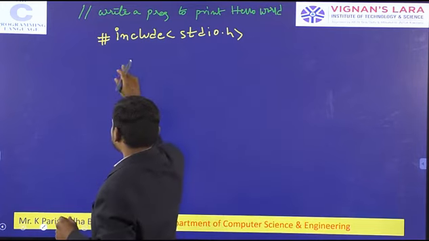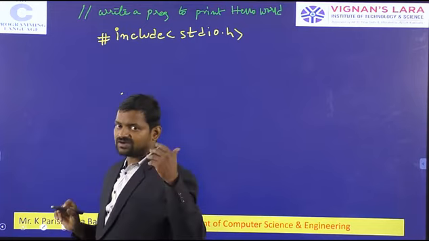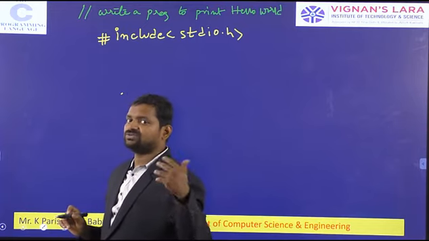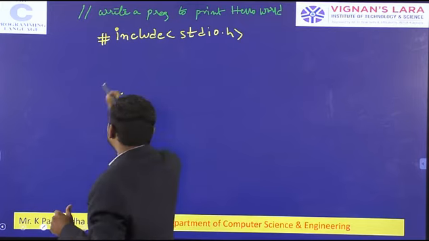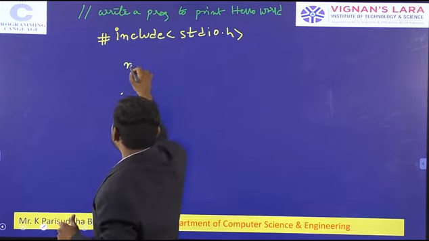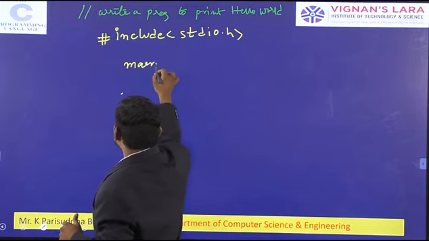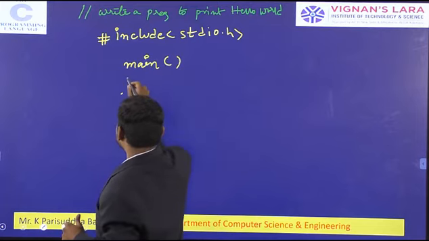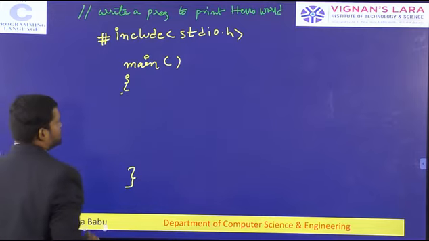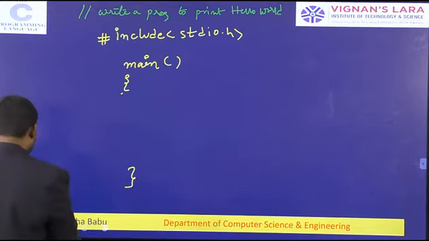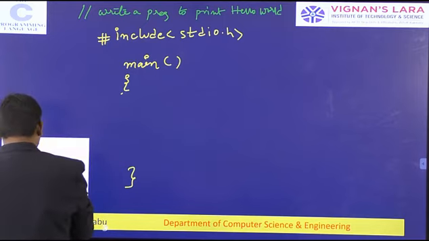After that we have to use global variable declaration. If you have any global variable declaration, you have to use it. In this program, we don't want any global variable declaration. Just write a main function, and open curly brackets and close curly brackets.